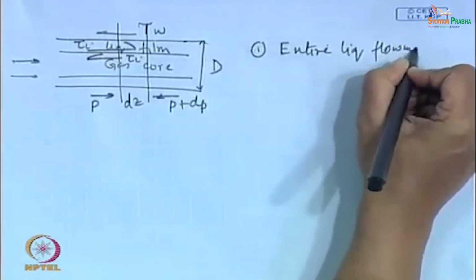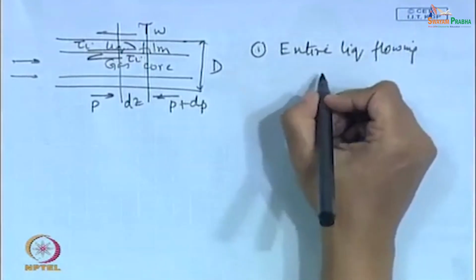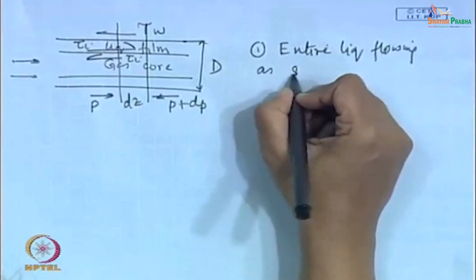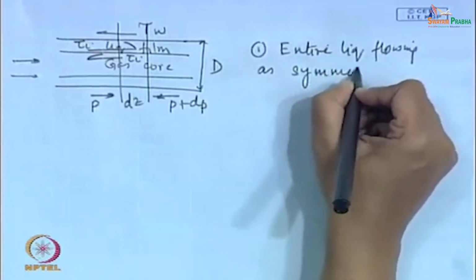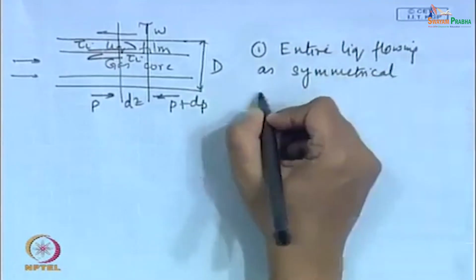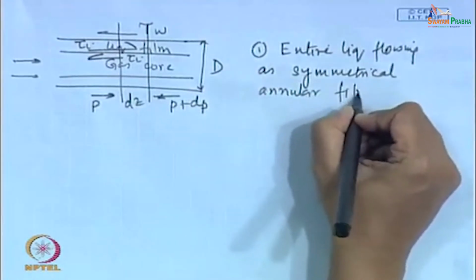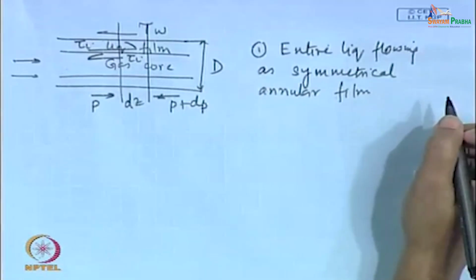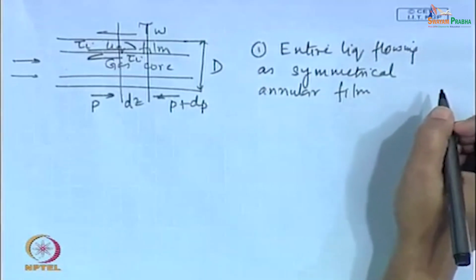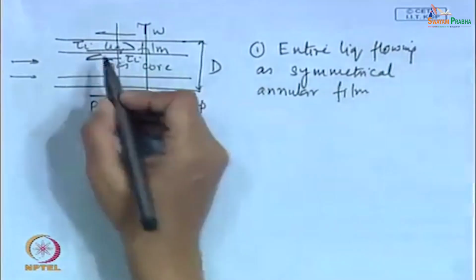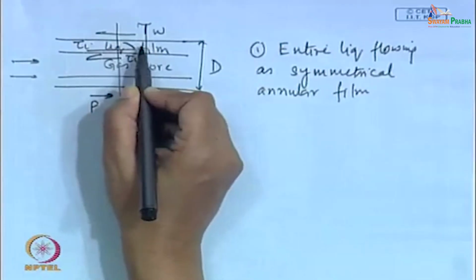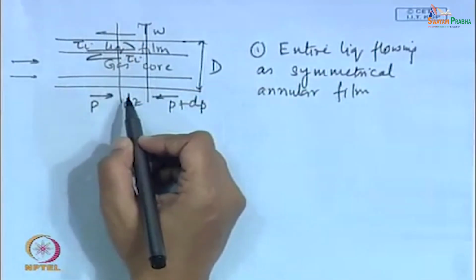The entire liquid flows as a symmetrical annular film. This is also a drastic assumption as far as horizontal flow is concerned, because due to gravity, most of the time the upper film will be thinner than the bottom film.